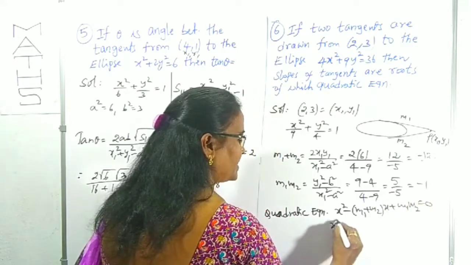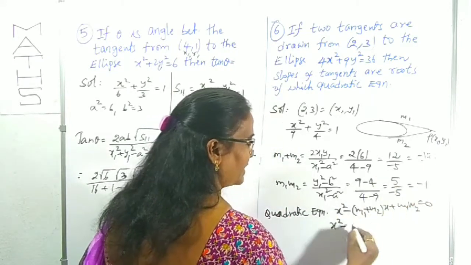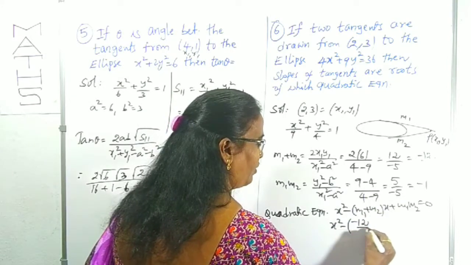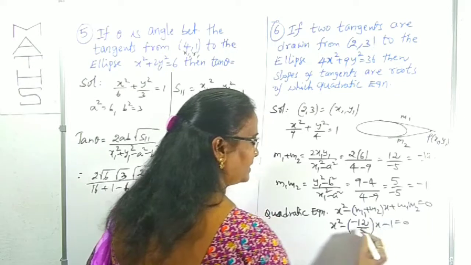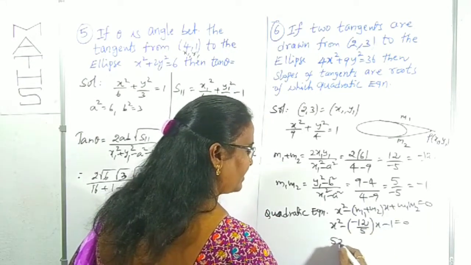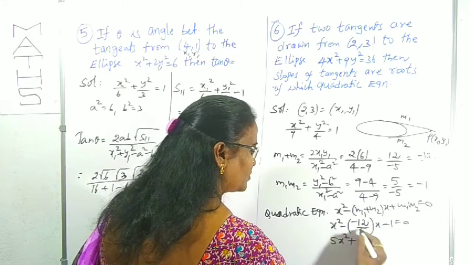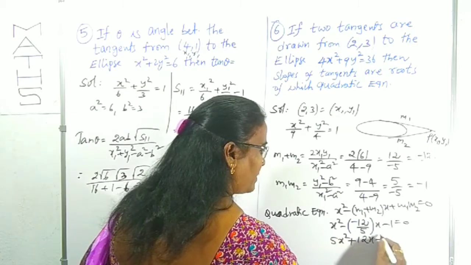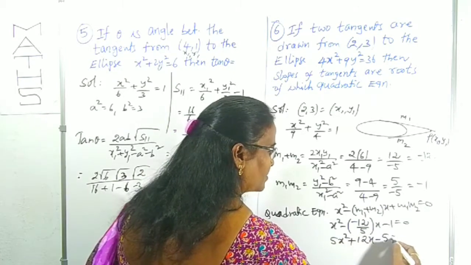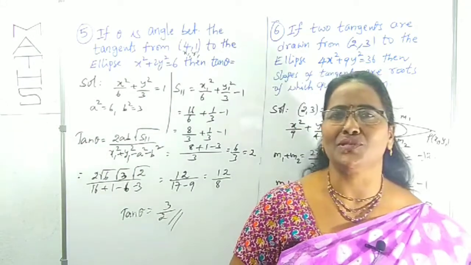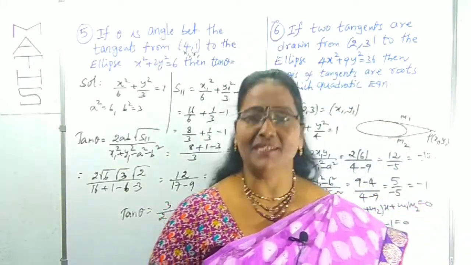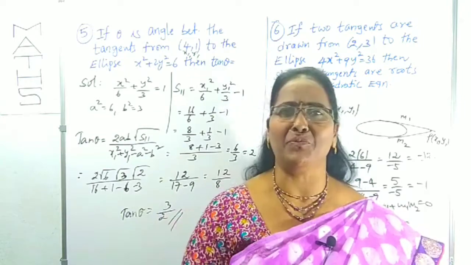Substitute those values: m1 plus m2 is minus 12 by 5, and the product is minus 1. By taking the LCM 5, it is 5x square plus 12x minus 5 equals 0. That's it. This is our required quadratic equation, whose roots are the slopes of the given tangents drawn from the point.